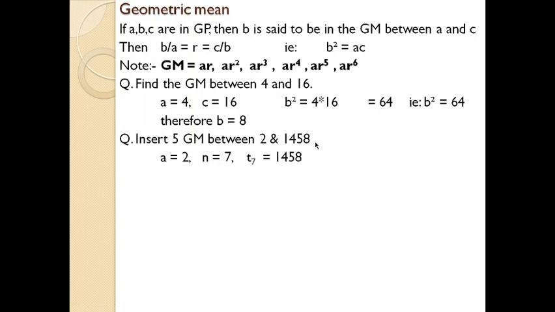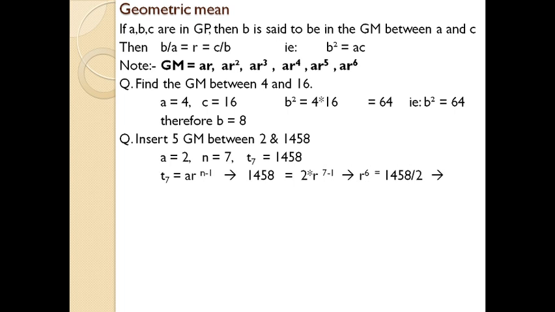Then finally you will get 7 numbers. From the given data you can identify that A equal to 2, N equal to 7, and T7 equal to 1458, because it is the last number. We don't know what R is. You are asked to find the 5 numbers, and you need to insert those 5 numbers in between these two numbers.